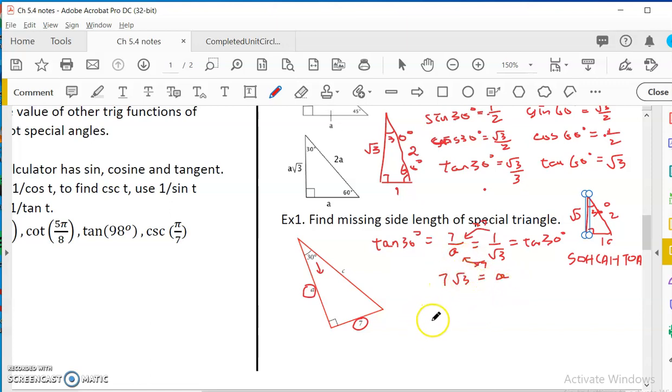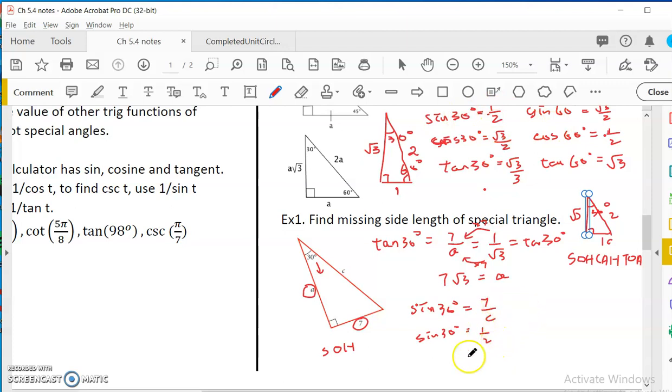What about C? To find C, I have 7, which is opposite. C is the hypotenuse, and opposite over hypotenuse is SOH. So we would say sine 30 is equal to opposite 7 over C. But sine 30 from the triangle that we have written, we know it is 1/2.